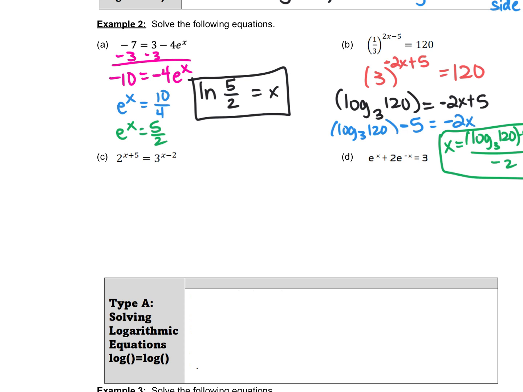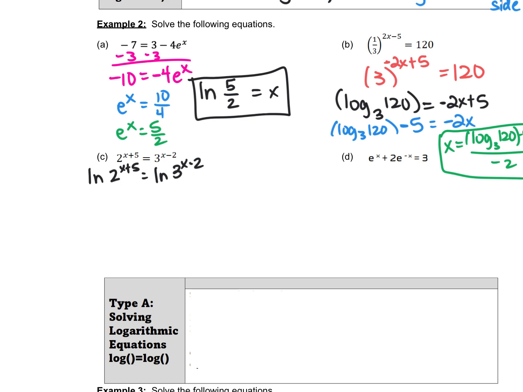This is where taking the log of both sides comes in. Because as long as I do the same thing to each side, it's all legal. So just so I don't have to write as much, I'm going to use an ln. I'm going to take the ln of 2 to the x plus 5, set it equal to the ln of 3 to the x minus 2. I did nothing illegal because I did it to both sides.